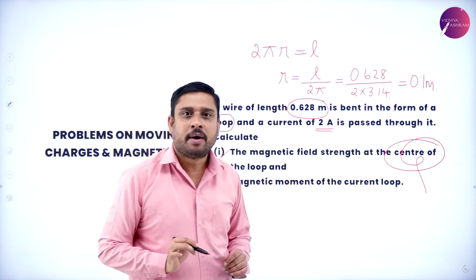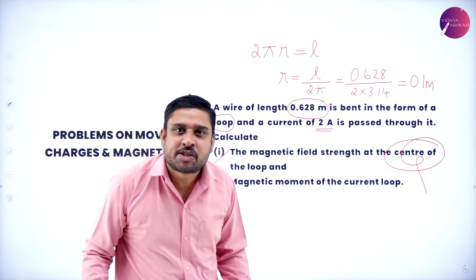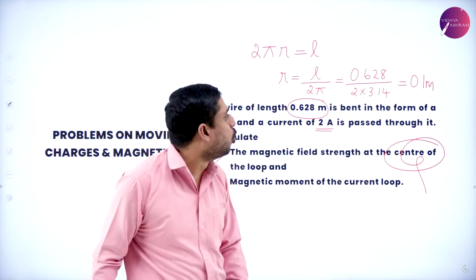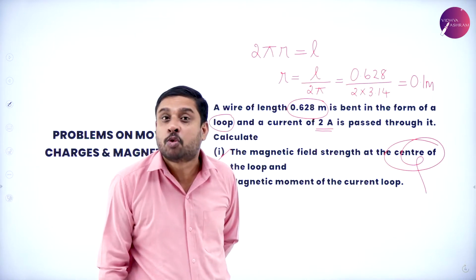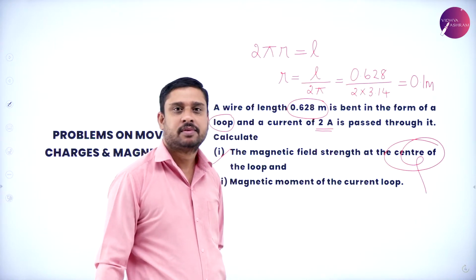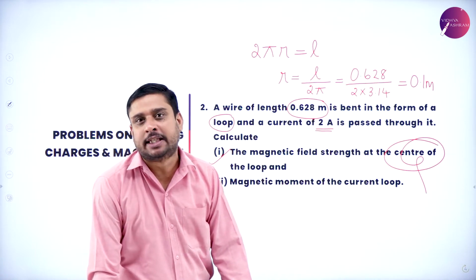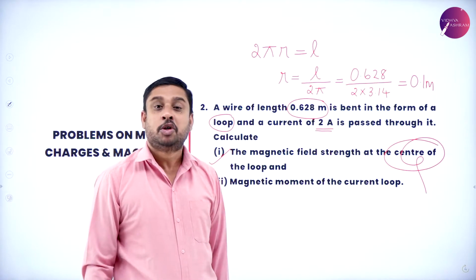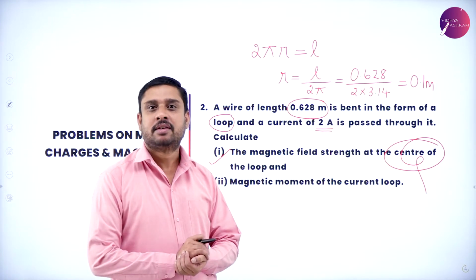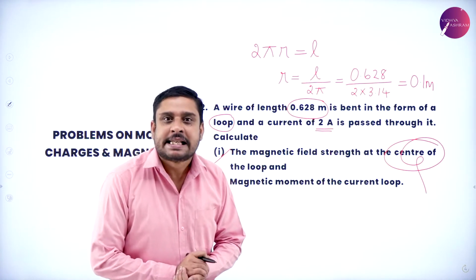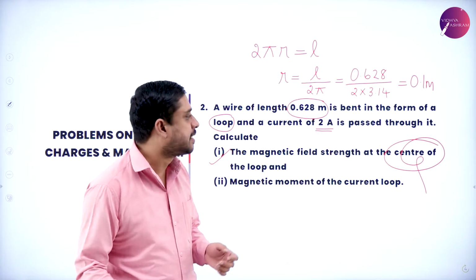So I know the radius of this circular loop, 0.1 meter. I know the current passing through the loop, 2 amperes. Then what is the magnetic field at the center?